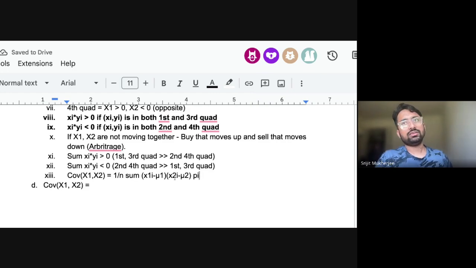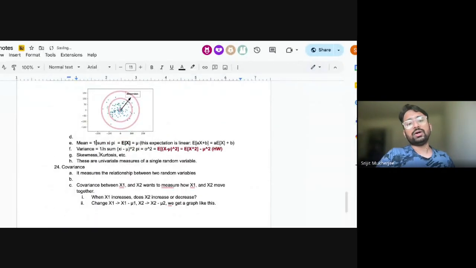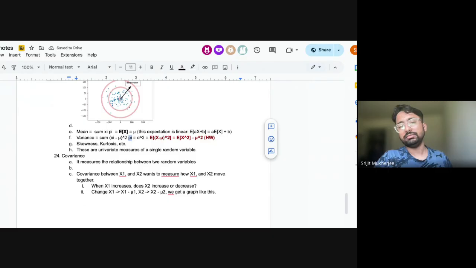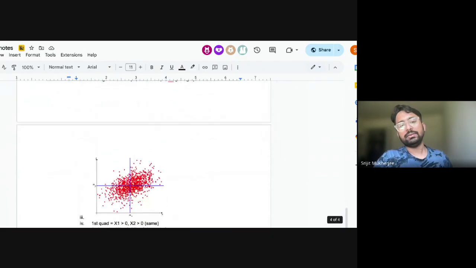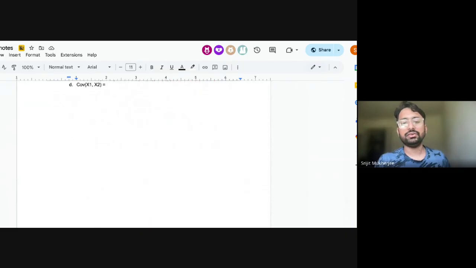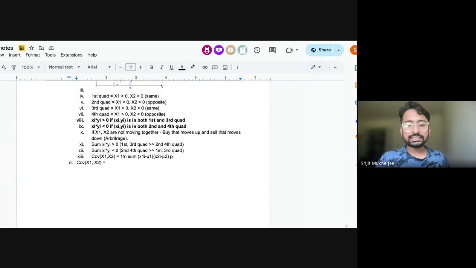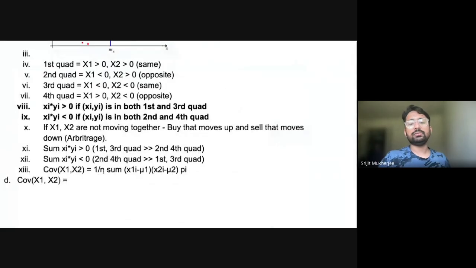One thing I have missed over here is that this 1/n should not be there. This pi is enough, because if pi is 1/n, then it comes out. Sorry, I made a small mistake over here. Similarly, this 1/n will not be there. It will be this.